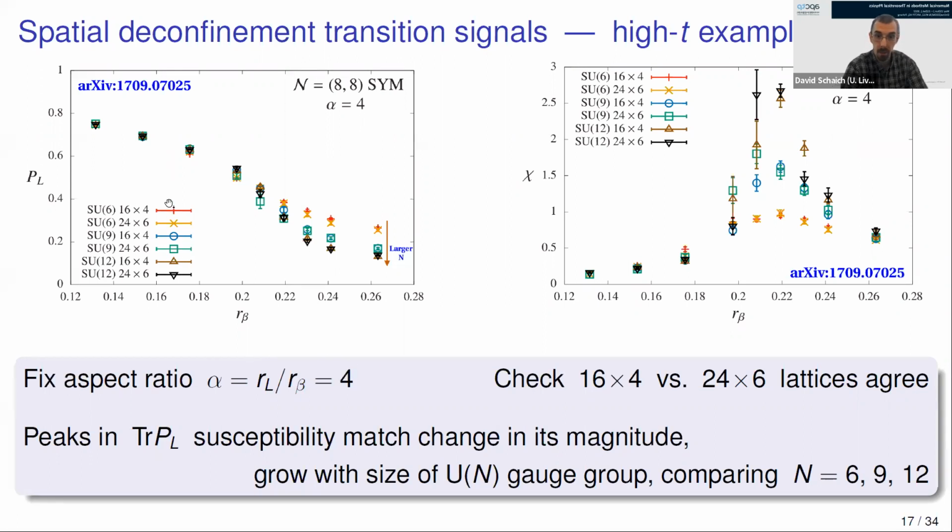So we have 16 by 4 lattices and 24 by 6 lattices, seeing no significant effects from changing the lattice spacing, increasing the number of points with everything else fixed, as a quick check of that extrapolation to an infinite lattice. And from this, we are able to identify the transition temperature for this relatively large aspect ratio.